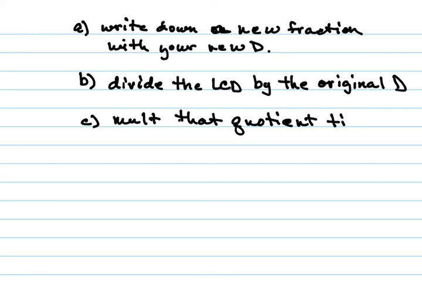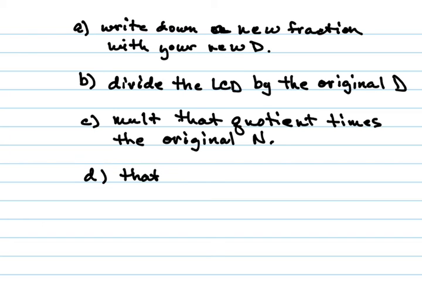That quotient times the original numerator. Divide, then multiply. Right? Okay? That product, which is the answer you get when you multiply, is your new numerator.